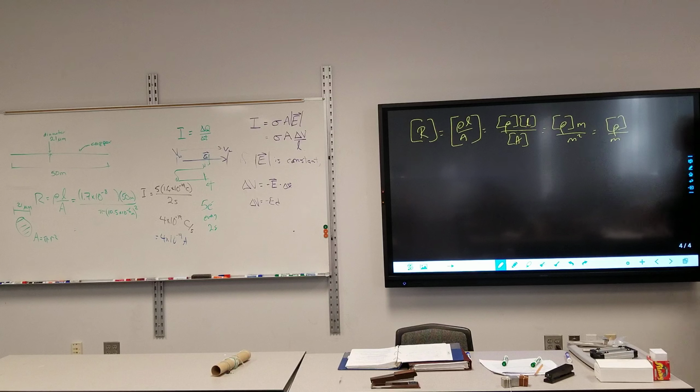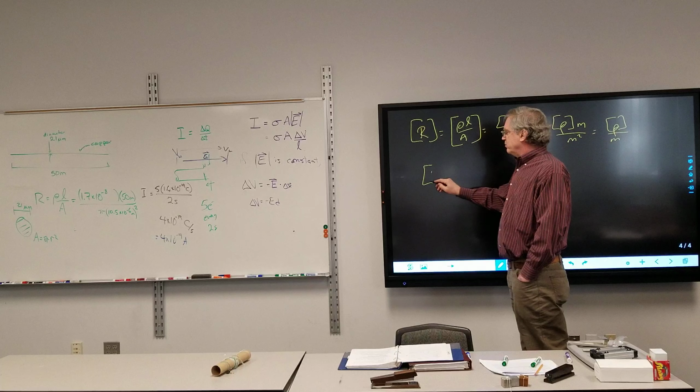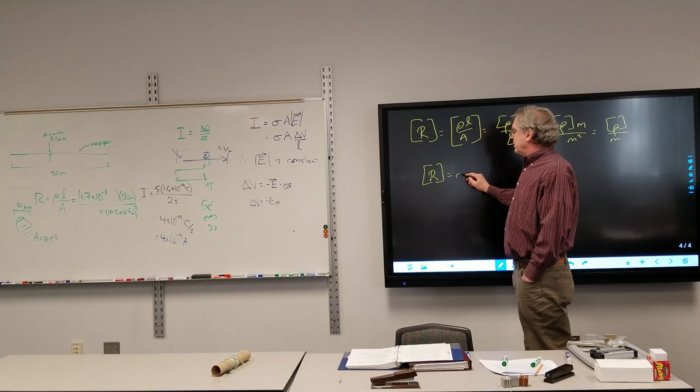Now, the units of resistance are named in honor of Georg Ohm. It is indeed the Ohm.